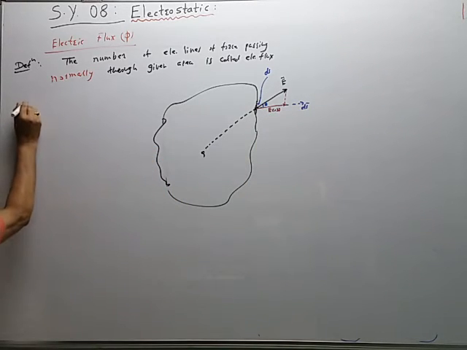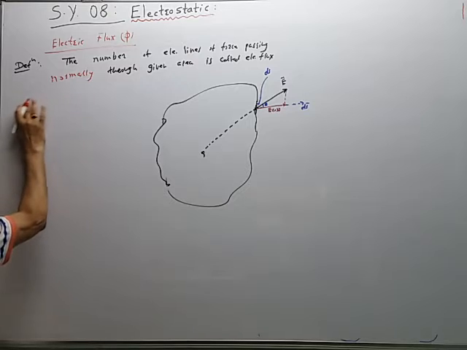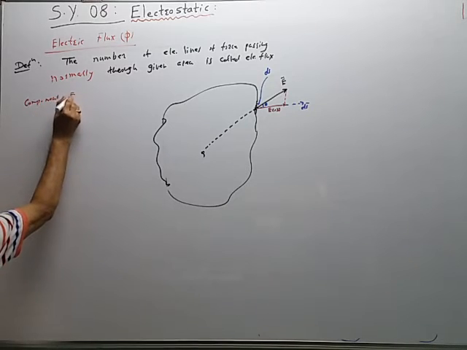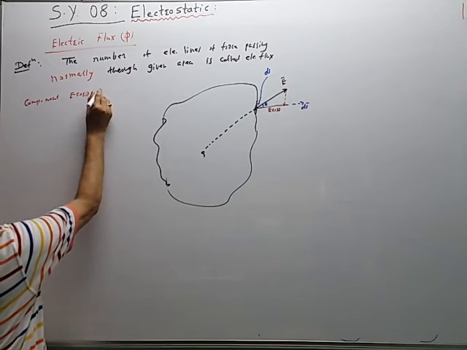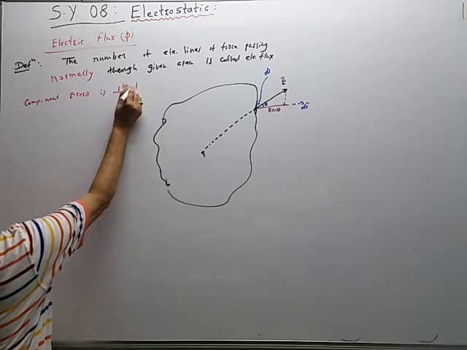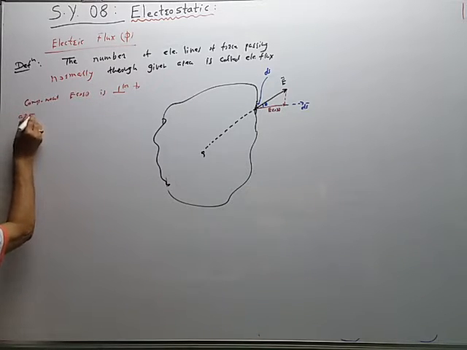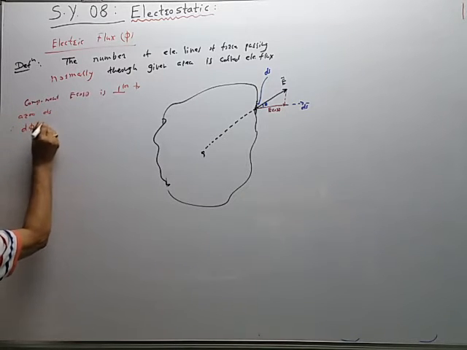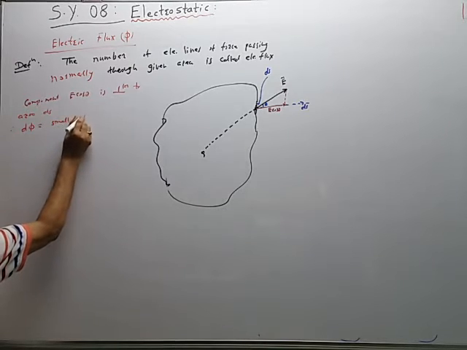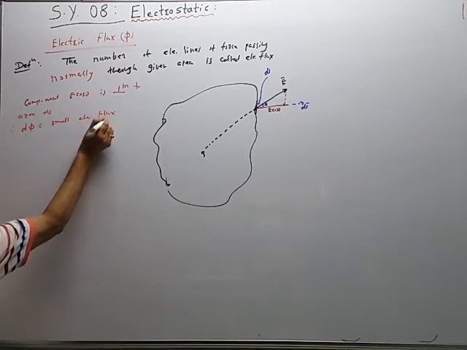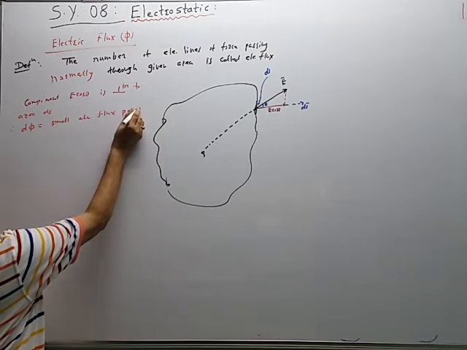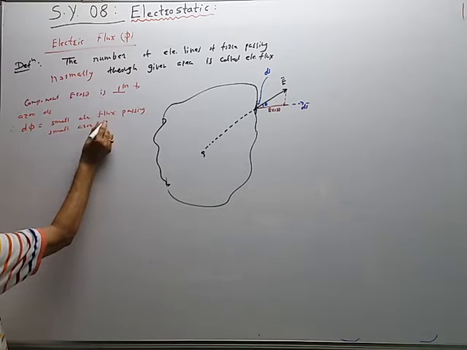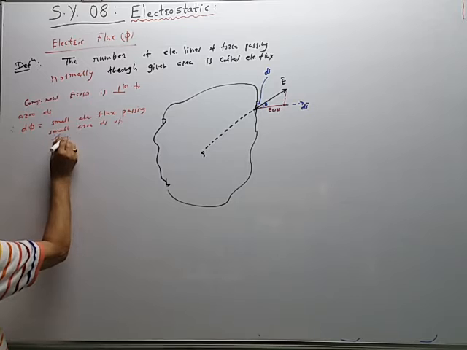So the component E cos theta is perpendicular to area ds. Therefore, d phi is the small electric flux passing through small area ds of the Gaussian surface.